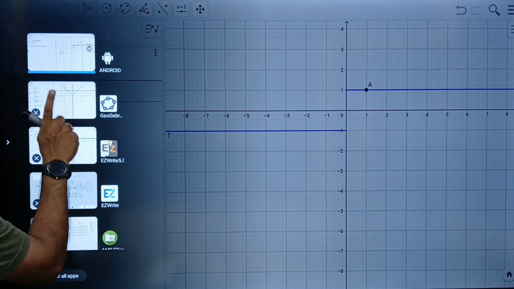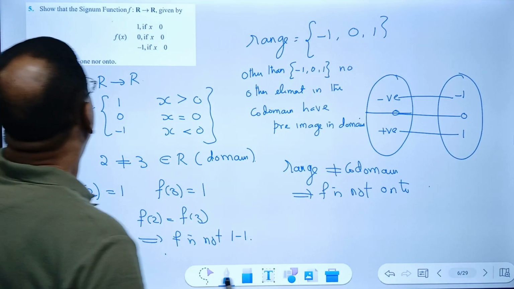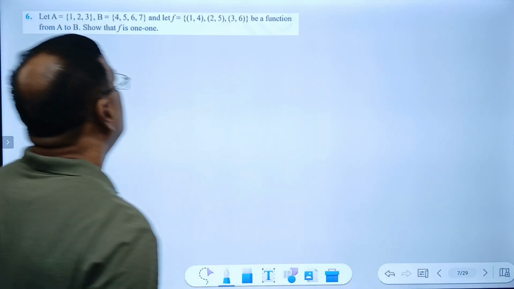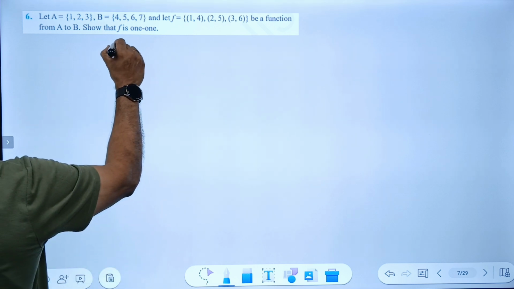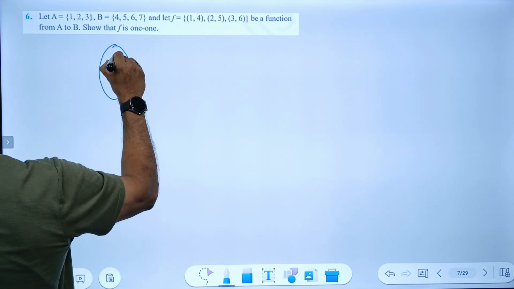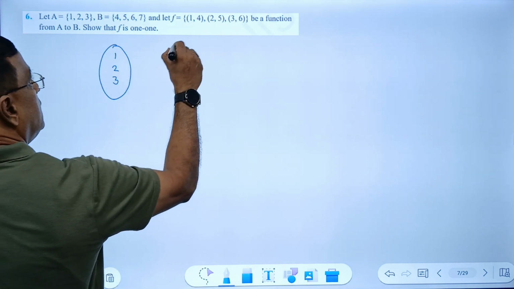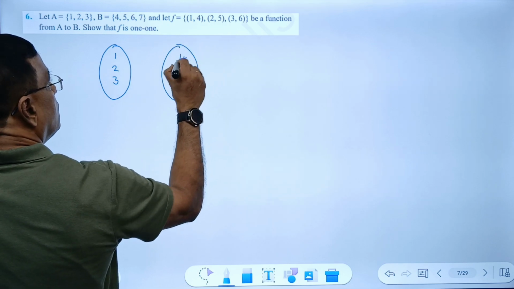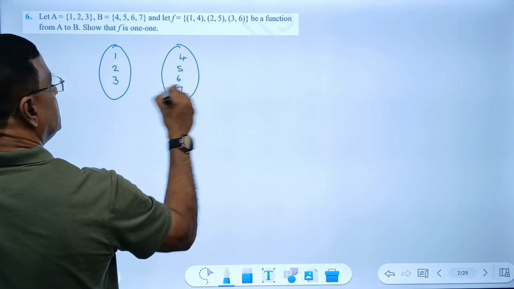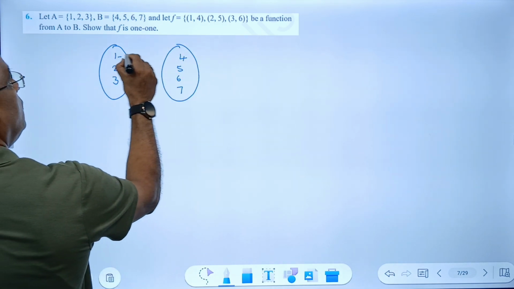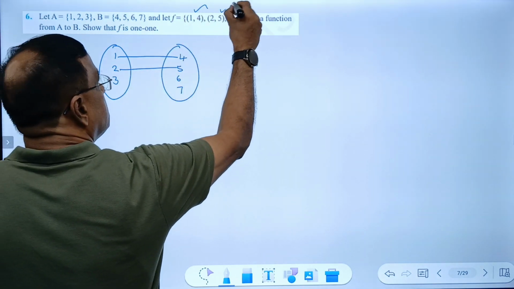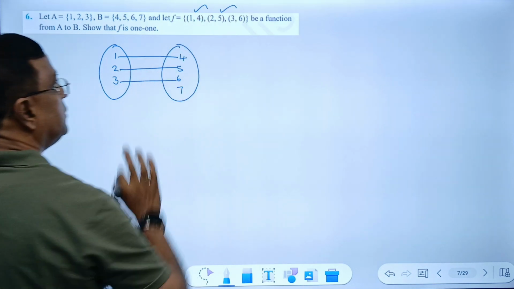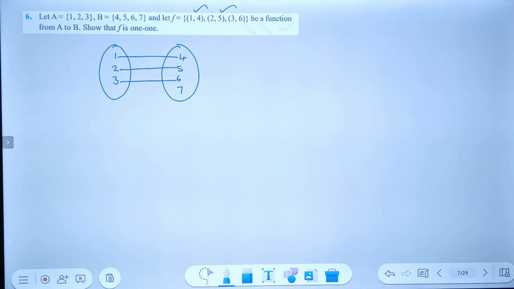Let's go back to our problem. Okay, question number 6. F is a function from {1, 2, 3} to {4, 5, 6, 7}, where 1 goes to 4, that is given, 2 goes to 5, it's given, 3 goes to 6. Perfect. Is the function 1 to 1?